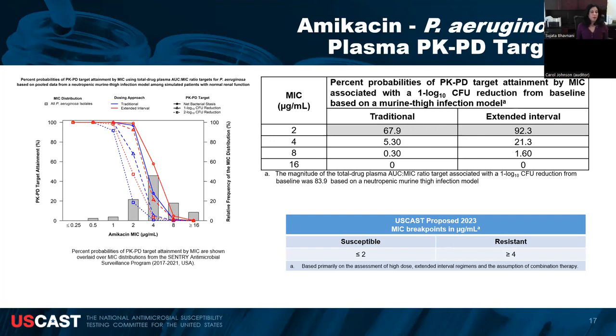So before we finalized our thoughts on this proposal to base STIC on 1 log, we considered one additional point. Knowing that TDM is carried out, we asked the question, should STIC be established also using TDM in those patients for which we apply that?